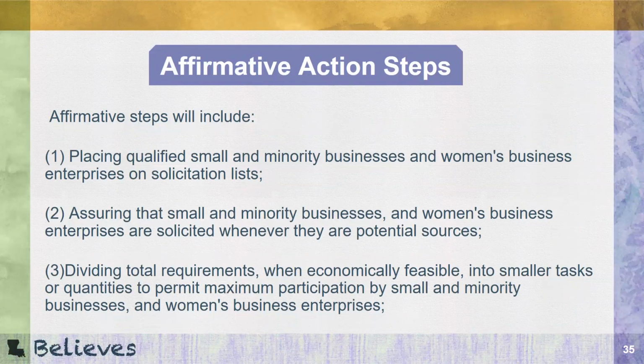The affirmative action steps have to also be included in the bid solicitation. And the affirmative action steps have to include placing qualified small and minority businesses and women's businesses on your solicitation list whenever you can, and assuring that these small businesses are solicited whenever they are potential sources.